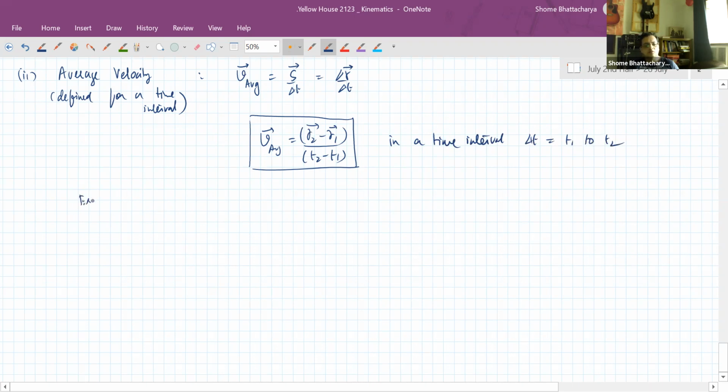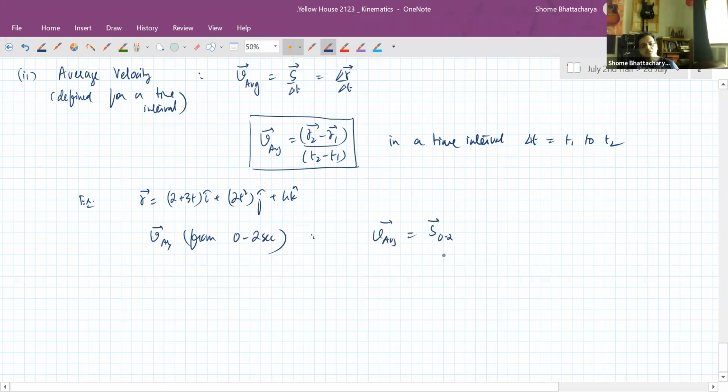Again, for example, we had that the instantaneous position was 2 plus 3t i cap, and so on. Now suppose I ask to find the average velocity from 0 to 2 seconds. That would become the displacement from 0 to 2 seconds divided by the time interval. So this would become the position at 2 seconds minus the position at 0 seconds divided by 2 seconds.